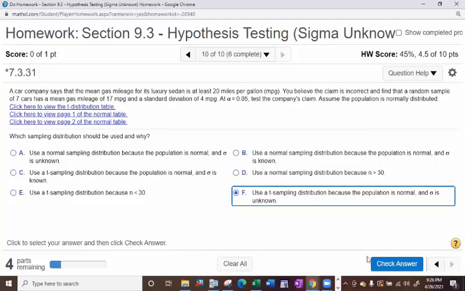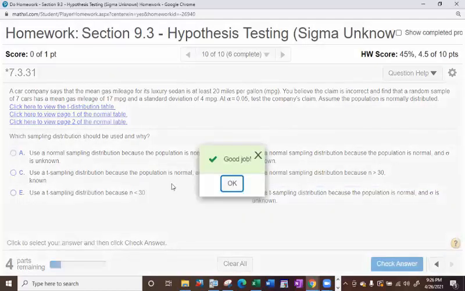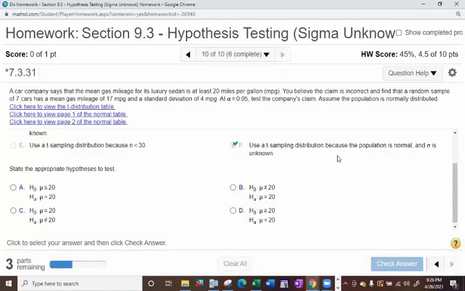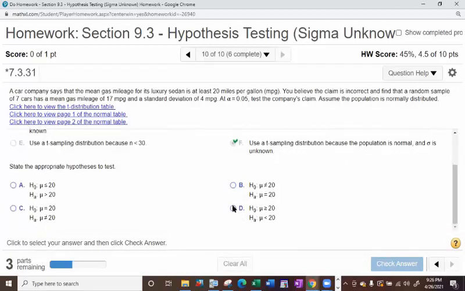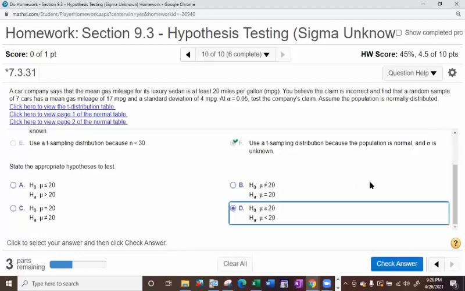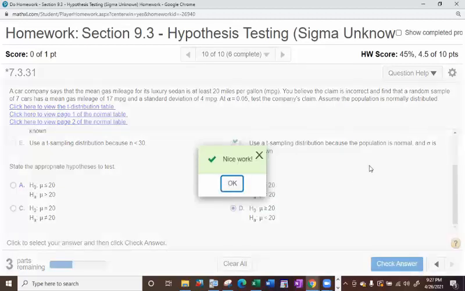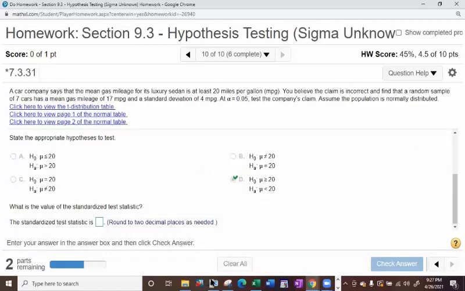So that's the key. Hypothesis test, at least means greater than or equal to. That'll be the H0. The Ha will be less than. Nice work.